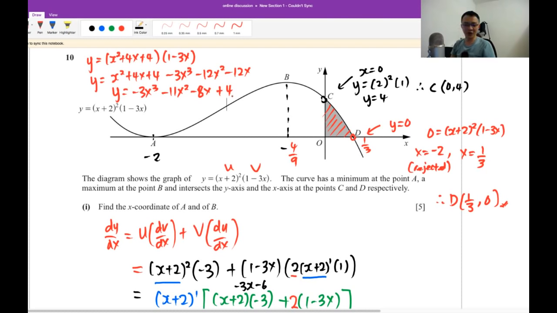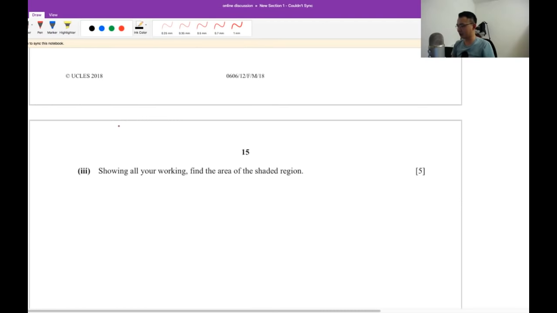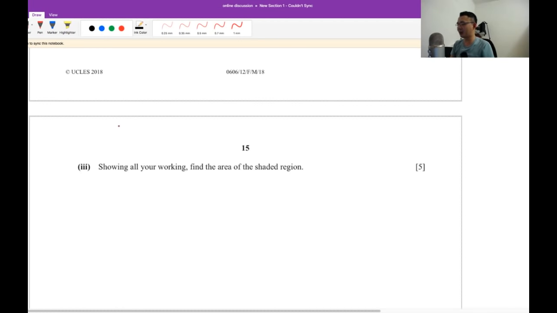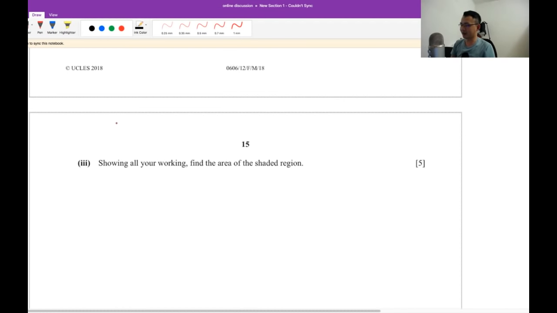This is my equation, because in integration there's no way you actually integrate things like this. But I'm wondering why they ask you to do that; that's why I give you 5 marks. This one explains everything. So I will integrate y from 0 to 1 over 3. This is how I get the area.